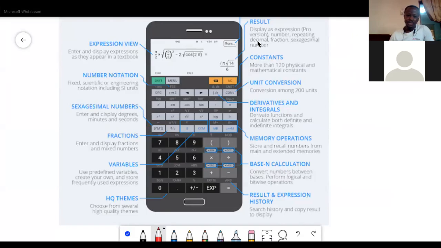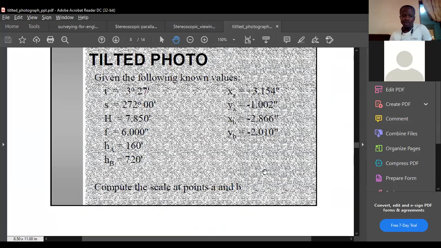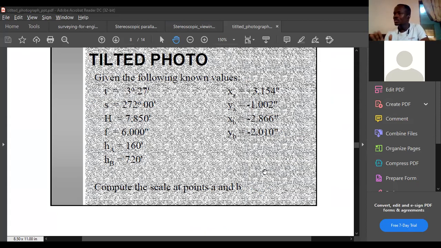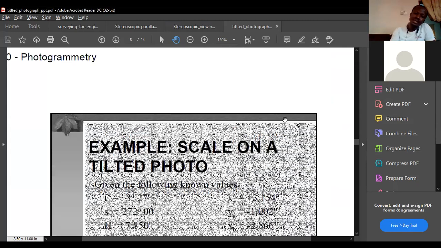If you want to work this example out, like I said, given the following known values, x, a, y, these are photo coordinates, but in the formula for scale, there are no photo coordinates. That means you need to convert these things to the y prime. So you need to go study the equation.